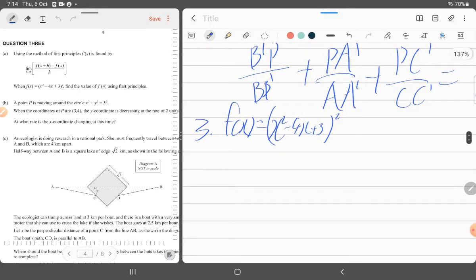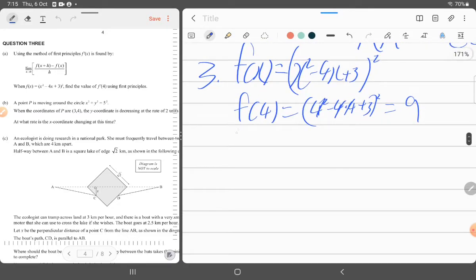So we insert, if x is equal to 4, f(4) is 4 squared take away 4 times 4 plus 3 all squared. These two cancel out, just 3 squared, which is equal to 9. Then f of x plus h is x plus h all squared, take away 4 times x plus h plus 3 all squared.